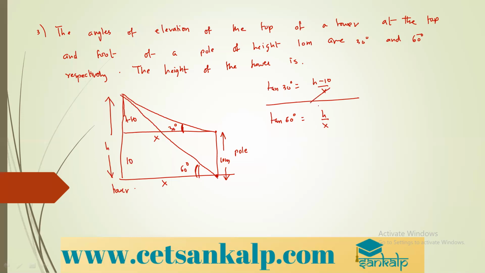You can divide these two so that x will cancel. Tan 30 is 1 by root 3 and tan 60 is root 3, equal to h minus 10 by h. h is equal to 3h minus 30. 2h is equal to 30, or h will be 15 meters. The height of the tower will be 15 meters.